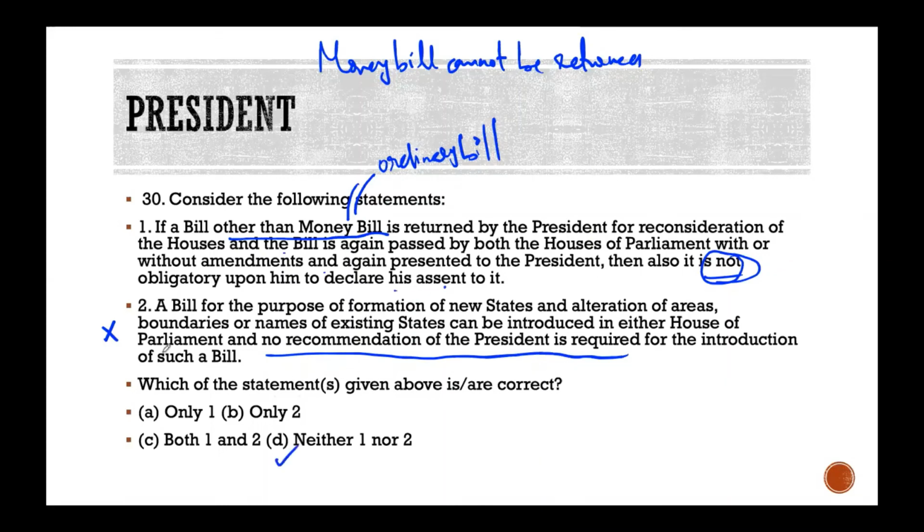Now see, you knew this. Okay, great. But this is mentioned in, what is your chapter number 5, in your Laxmikanth? Union and its territories. Can you go to chapter number 5, page number 5.2?